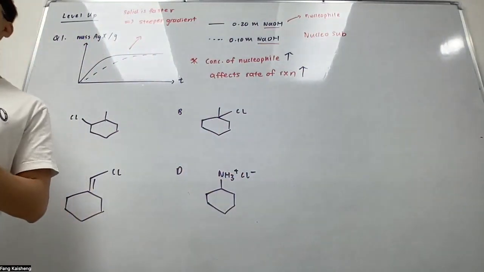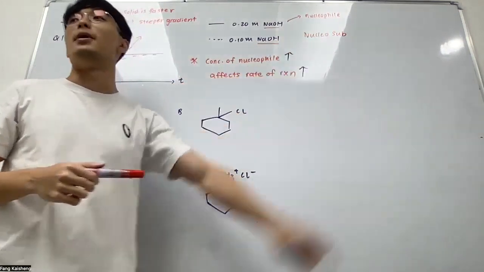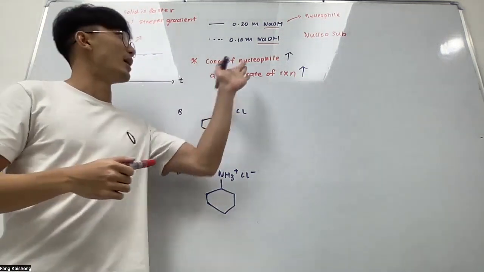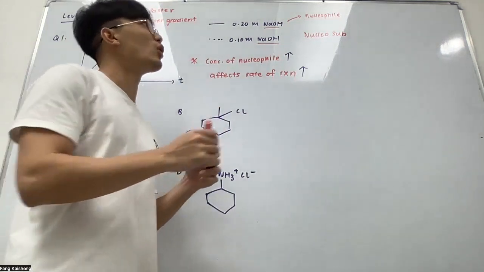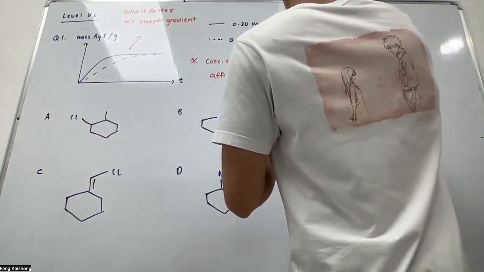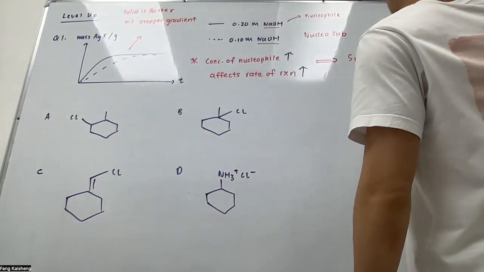What kind of nucleophilic substitution does this remind you of? Based on this information alone, if it affects the rate of reaction, this means it's an SN2 nucleophilic substitution reaction.